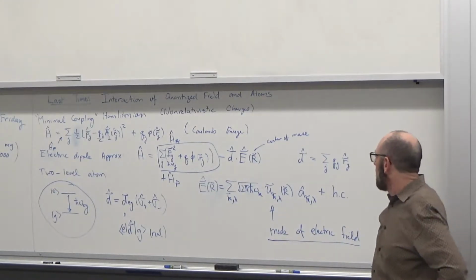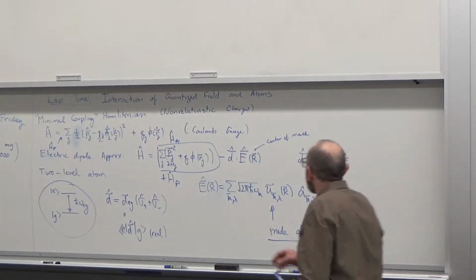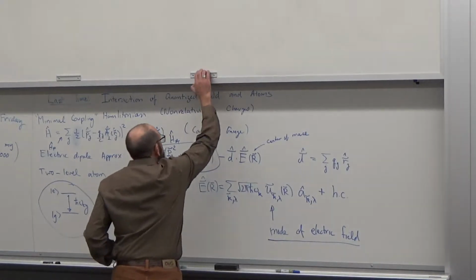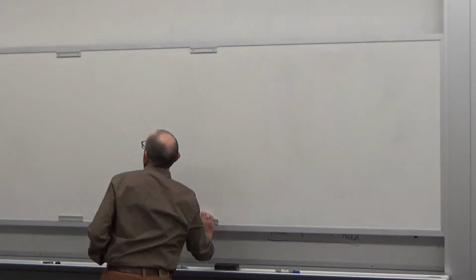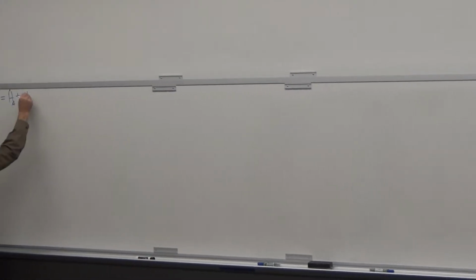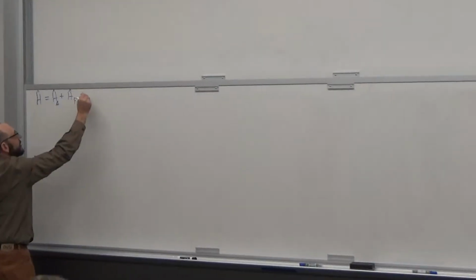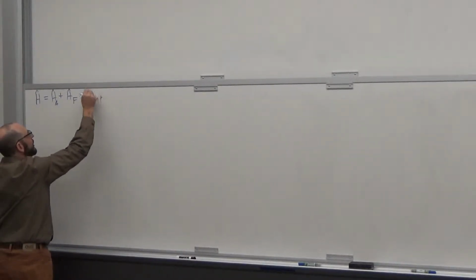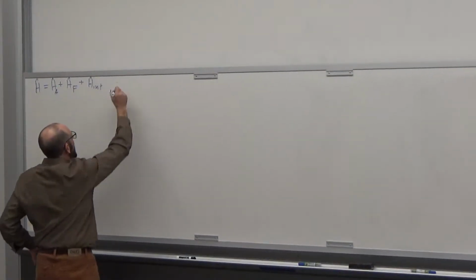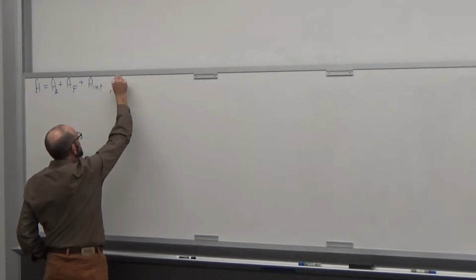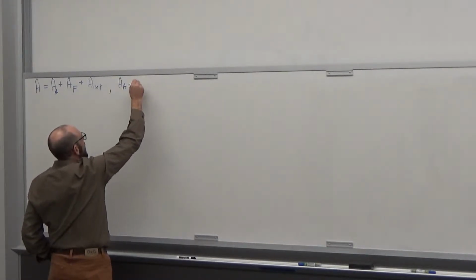All right? Good. So with that said, we now have the Hamiltonian of the atom plus the Hamiltonian of the field plus the interaction Hamiltonian. And the Hamiltonian of the atom is just my two-level atom.